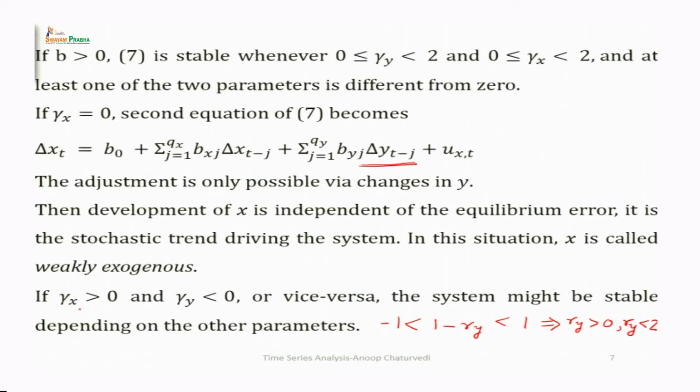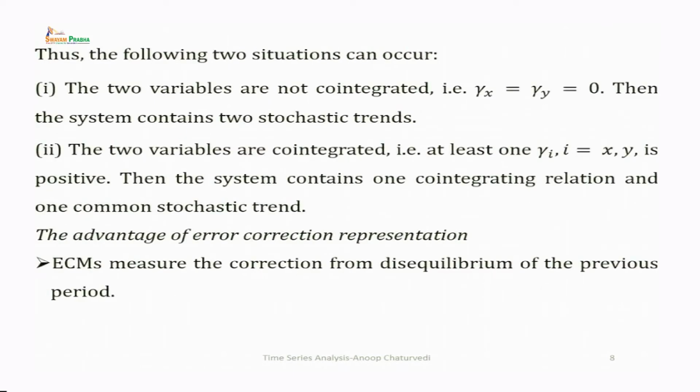Now, if gamma x is greater than 0 and gamma y is less than 0 or vice versa, then the system might be stable, but it depends upon the other parameters. So, the following two situations can occur. The two variables are not co-integrated, then in that case both gamma x and gamma y are equal to 0.